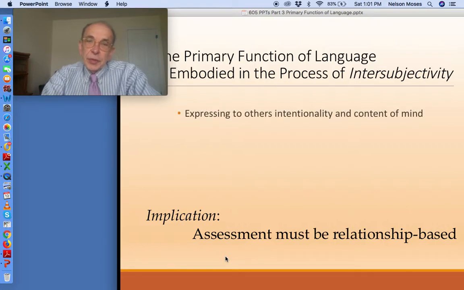According to Bloom, the most fundamental reason for speaking is to express to others intentionality and content of mind. Now, what is intentionality about? Again, it's about what's on one's mind and what one is trying to accomplish when one speaks. And what is content of mind? Well, that's consciousness. That's awareness.